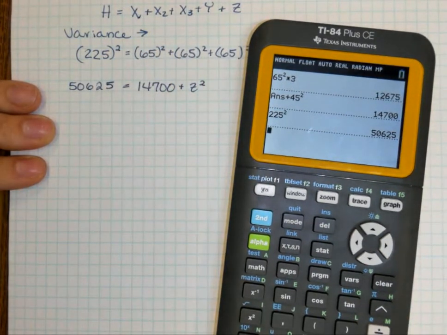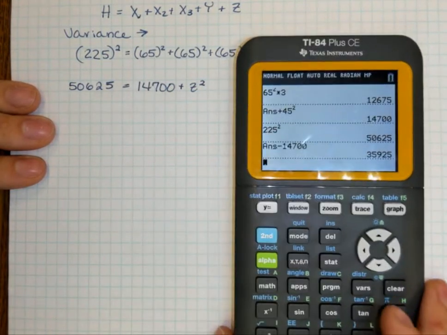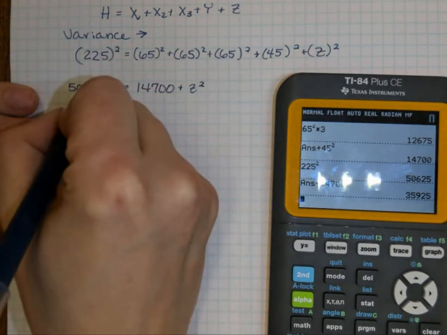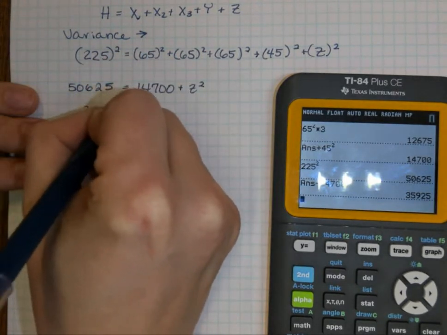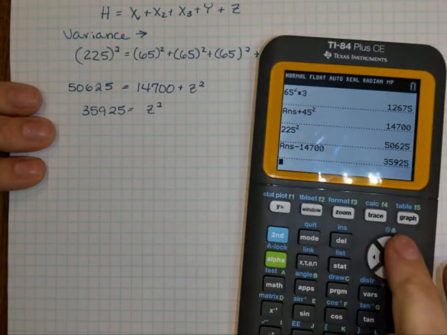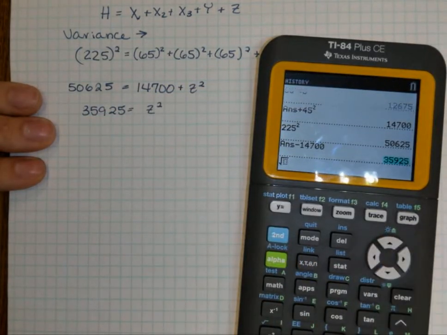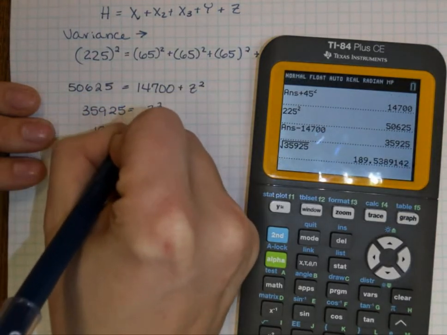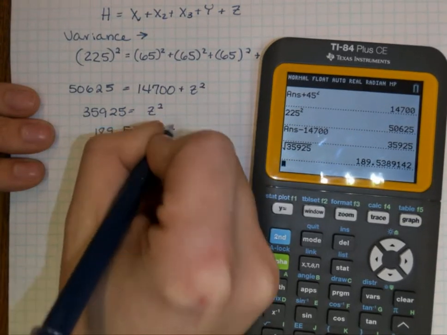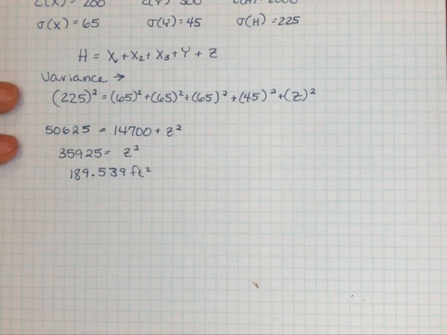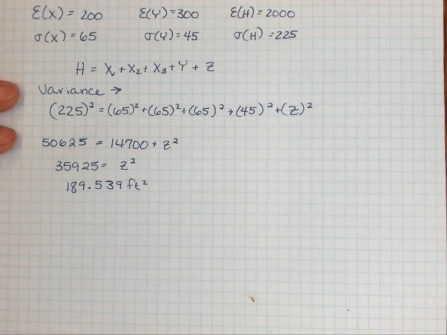And so I'm just going to subtract from that the 14,700. Okay. So then I have 35,925 is the standard deviation of everything else squared. So I'm going to take the square root of that. And I get 189.539 square feet. Okay? Does that make a little bit more sense?